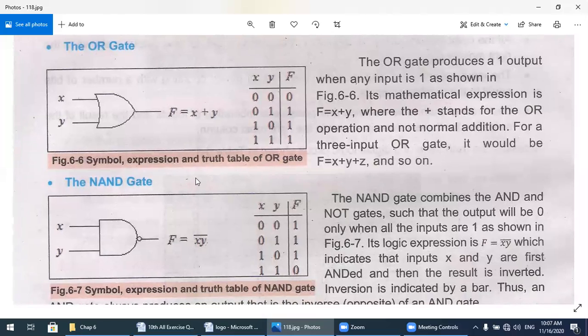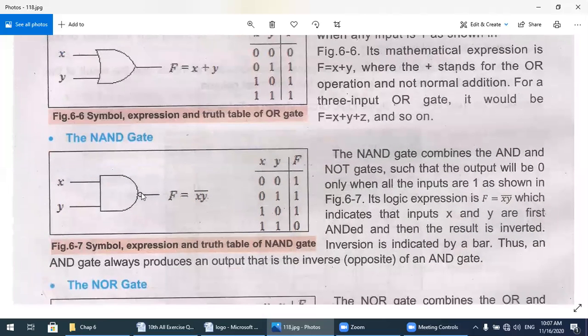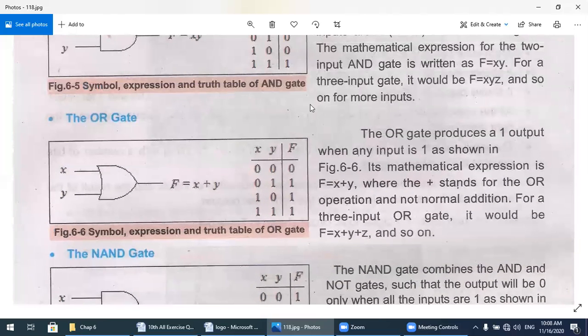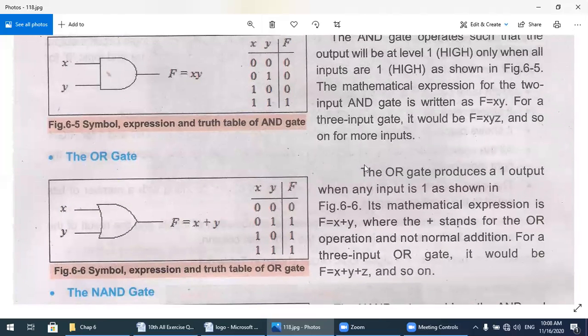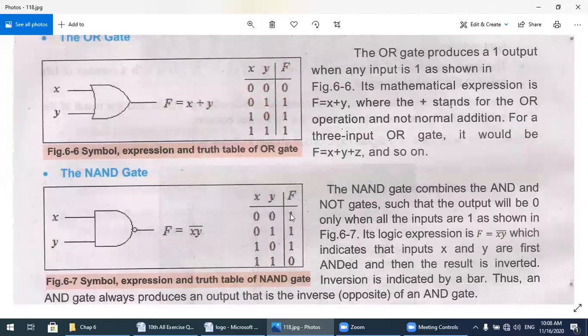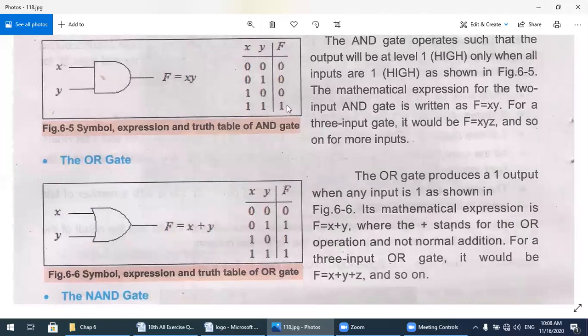Now for the NAND gate, NAND stands for not AND. If I place this circle at the front of the AND gate, it will make the NOT AND, or you can say the NAND gate. And the truth table for the NAND gate is this one. Watch here, it is the negation of the AND, having the input 0, 0, 0, 1, and for the NAND, when I apply the complement, F complement is equal to 1, 1, 1 and 0.